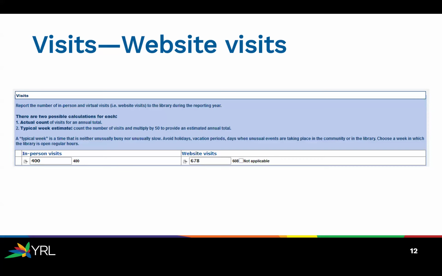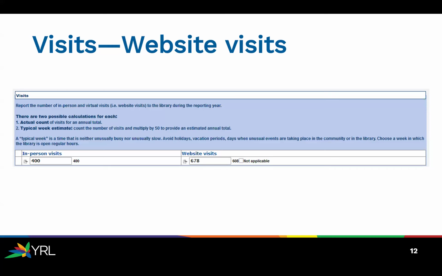Again, you can do an actual count. Some libraries have things like people counters that count anytime somebody comes through a door. But you can also do the sample typical week. You can tally visitors for a week and then multiply that by 50, and that's going to get your estimated total. PLSB is perfectly happy with that.